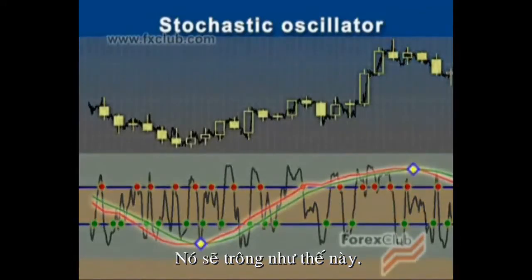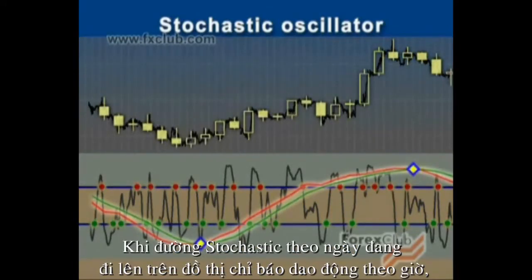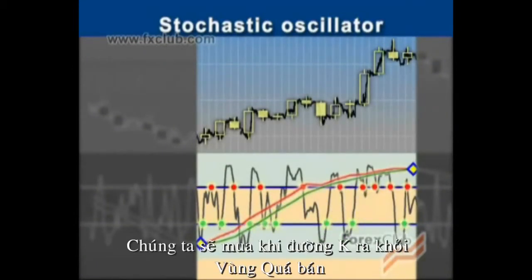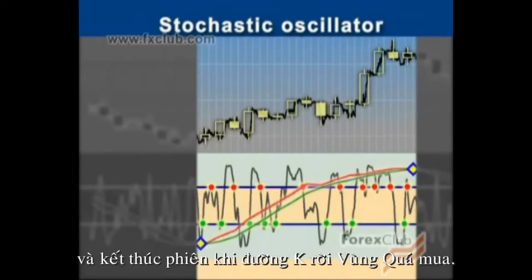When the daily stochastic is rising on the hourly oscillator chart, we can use only buy signals. We'll buy when the K line comes out of the oversold zone and close the position when line K leaves the overbought zone.